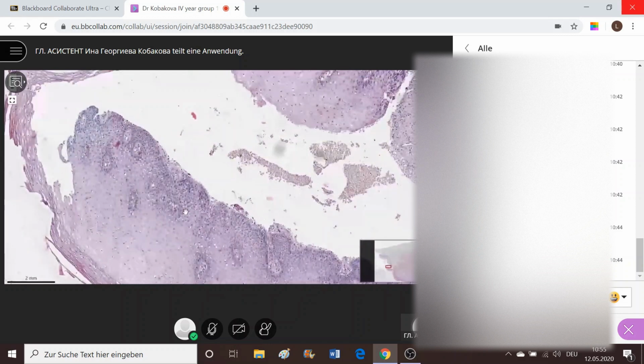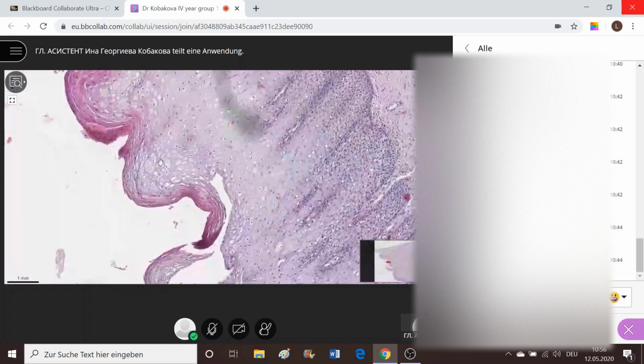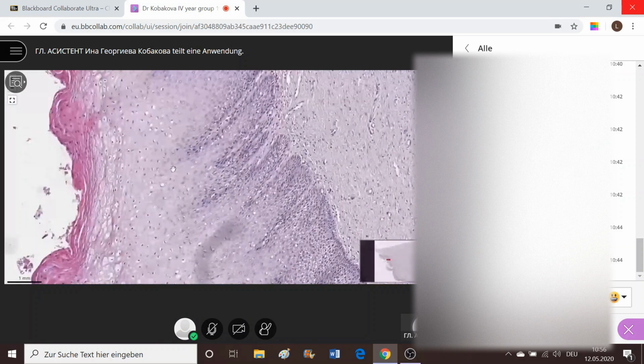I don't see such fields here, so I don't think there are. No. And they have very specific inclusions in the cytoplasm, which are the Cowdry inclusions. We already discussed them, but we don't see them here. Okay, so pretty much that is all about cervical erosion.